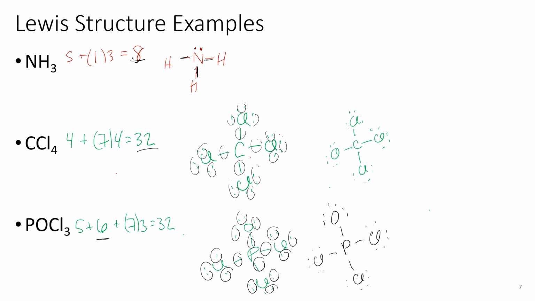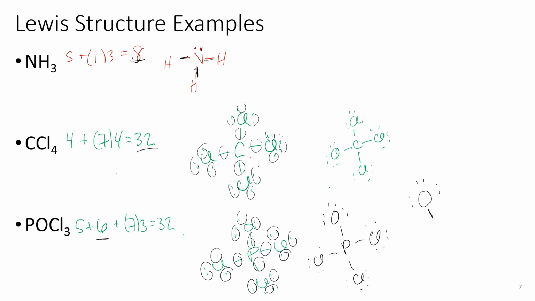And if we look at the structure that we have drawn here, we have oxygen with lone pairs and then a bond, which really shows that it would have 7 valence electrons associated with it. So even though this follows those steps, this is actually not the best structure that we could truly draw for our POCl3 because of the number of valence electrons that each one of those atoms has.